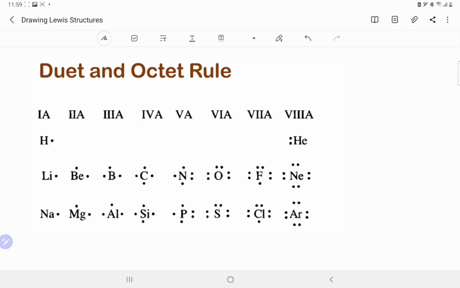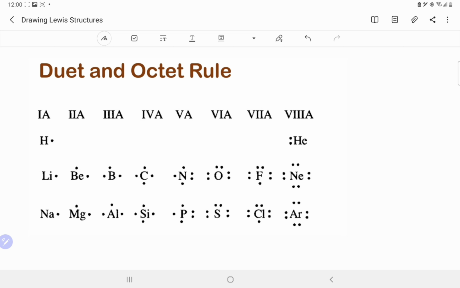But before we proceed to the steps on how to draw the Lewis structure, it is very important to know these two rules, the duet and octet rule. Okay, so I have here a snapshot or a screenshot of a portion sa periodic table, minus the transition metals, because organic chemistry only involves sp orbitals.